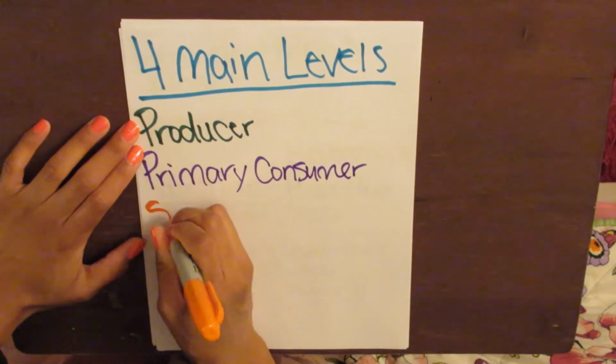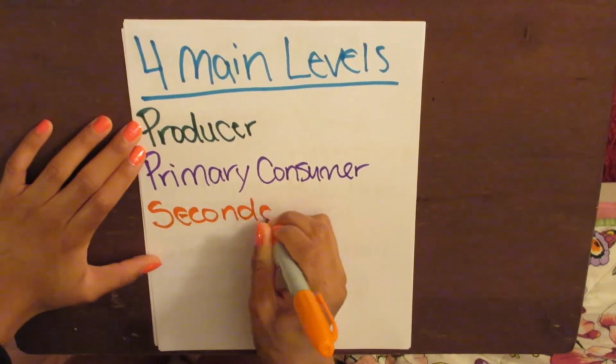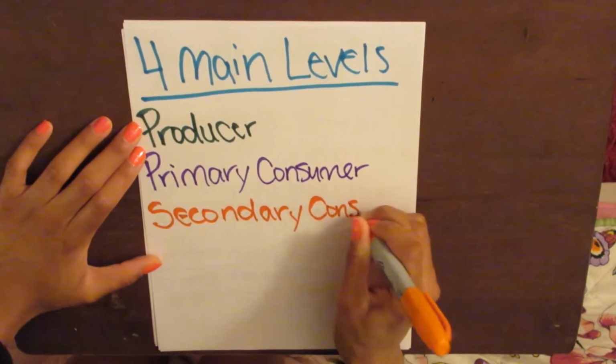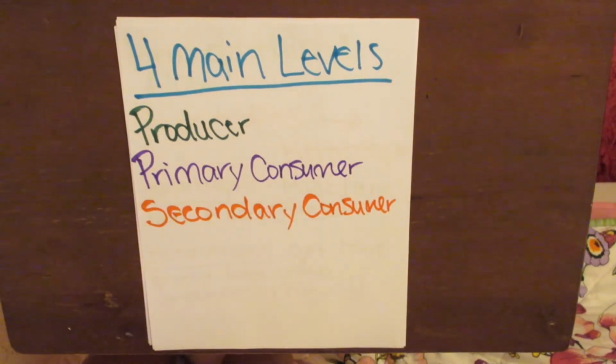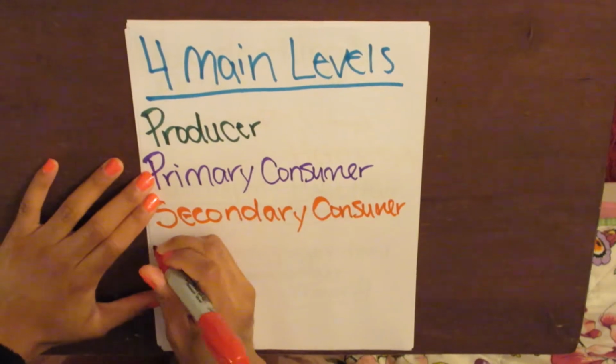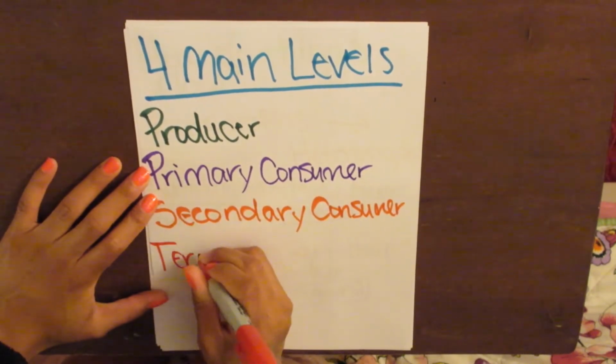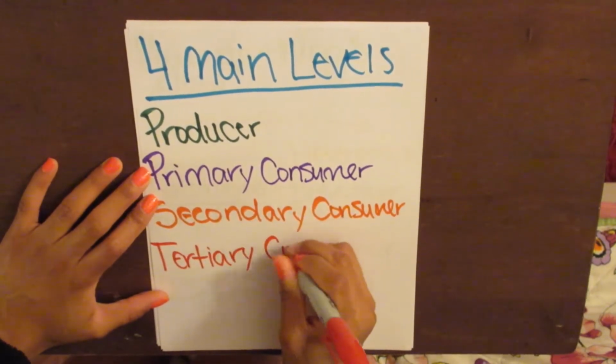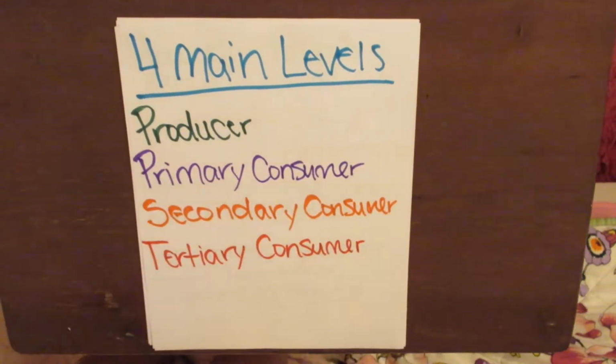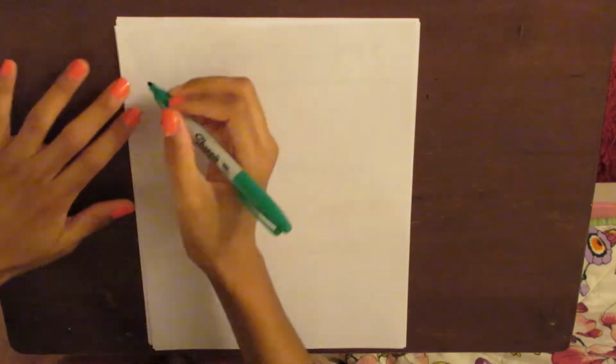We have our secondary consumers. And then last but not least, we have our tertiary consumers, which just means the third level. So primary is level 1, secondary is level 2, and tertiary is level 3 as far as consumers go. And then producers are at the very front.